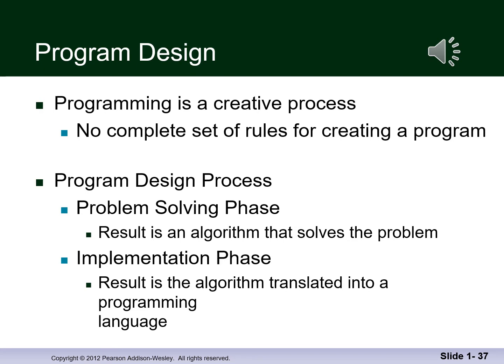So we've designed an algorithm. This is what we're going to do step by step. These are the problems, these are the solutions, this is the input, this is the processing, this is the output, and during the implementation phase we translate those human statements into syntactical statements within the programming language we'll be using, which once again is Visual C++.